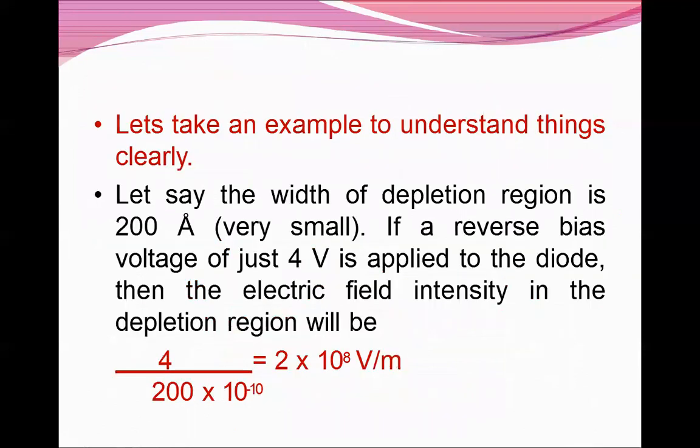Let's take an example to understand things clearly. Let us say the width of the depletion region is 200 angstrom, which is very small. If a reverse bias voltage of just 4 volt is applied to the diode, then the electric field intensity in the depletion region will be like this.